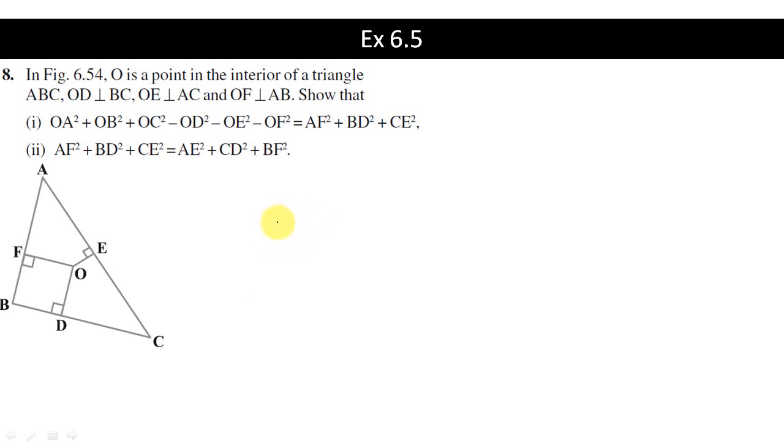OD is perpendicular to BC. OE is perpendicular to AC. And OF is perpendicular to AB. And we need to prove that OA square plus OB square plus OC square minus OD square minus OE square minus OF square is equal to AF square plus BD square plus CE square.